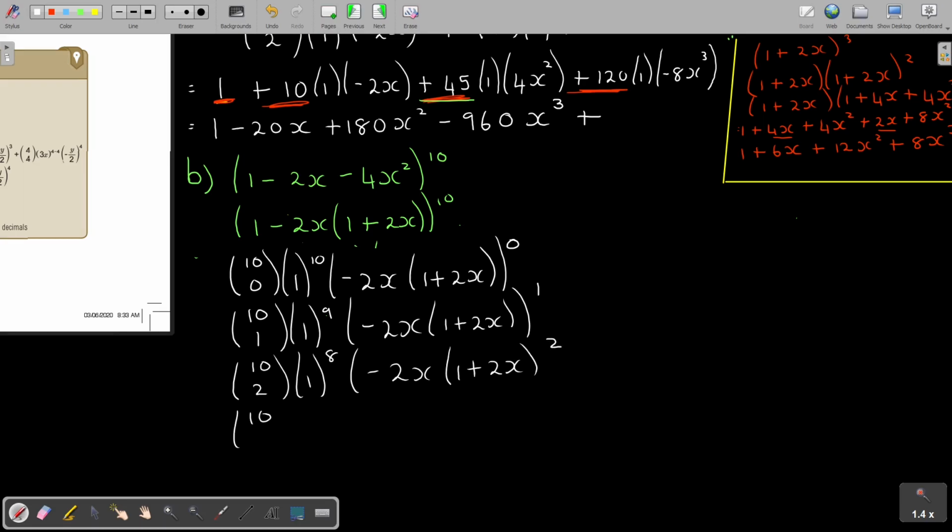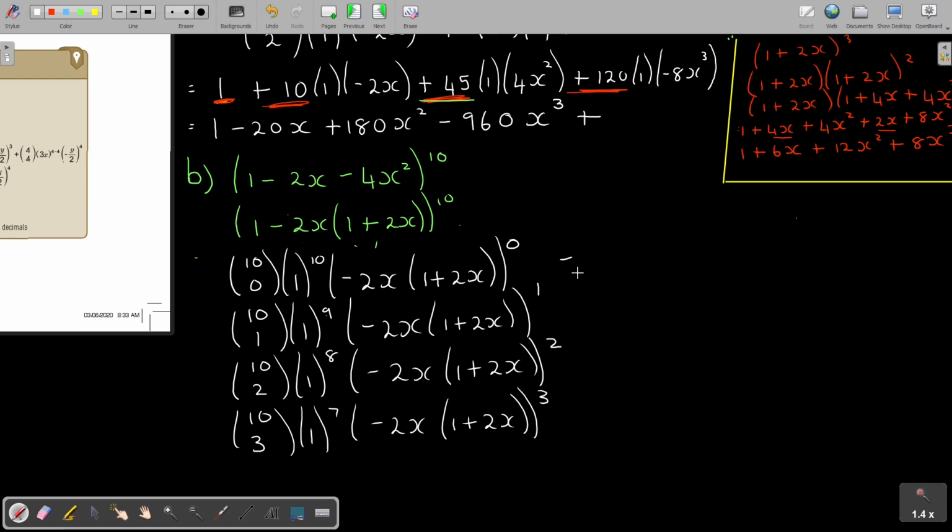And then it's 10, 3 for my fourth term. And then it's this one and it's to the power of 3. So then just remember, this must be 1, 1. This must be 2. Okay, there's a bracket. 2. This must be 3, 3.